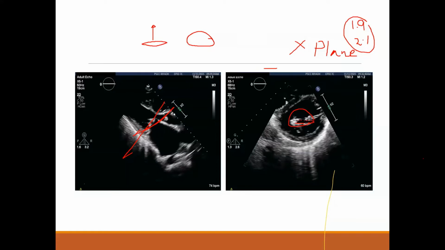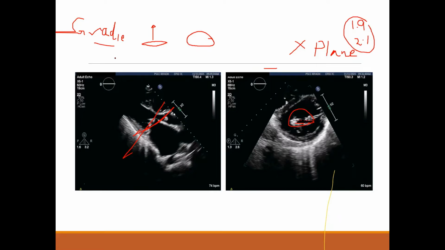And this reflects the truest degree of stenosis. The gradient is influenced by the hemodynamic conditions, the heart rate, the loading condition, and so on. So theoretically I can induce a high gradient in a normal mitral valve area. Is that right? Yes, you can.